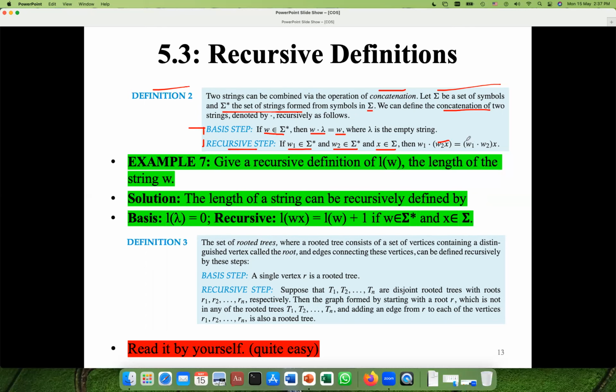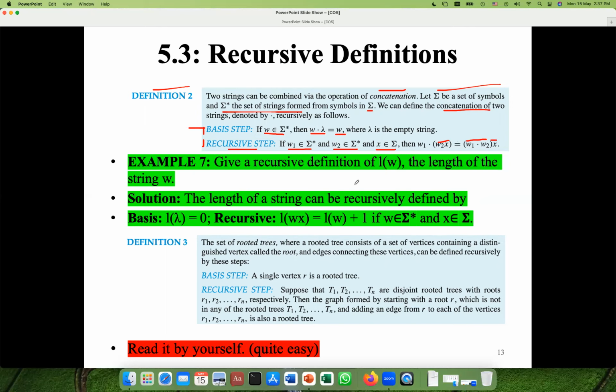Or you can join or concatenate word 1 and word 2 together, and then join X with that. It is just joining. If these are strings, then this is nothing except joining. All the things will be joined together.